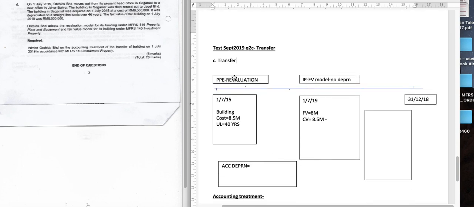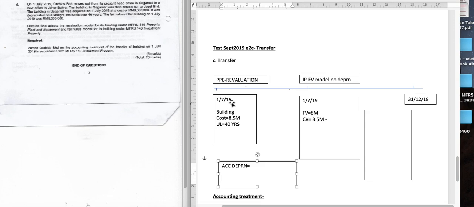Because PPE is revalued, you need to calculate the accumulated depreciation for the PPE since it was purchased on 1st July 15. So if you count 15 to 19, it will be June 16, June 17, June 18, and June 19. So that will be 4 years.